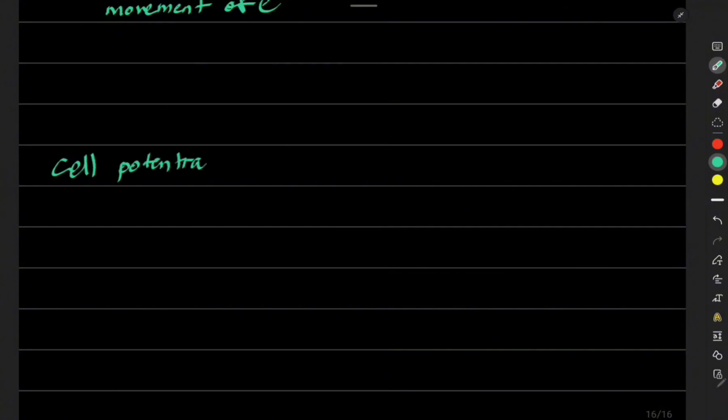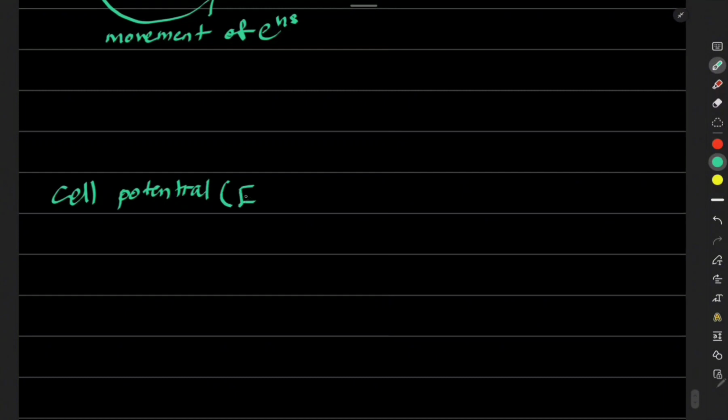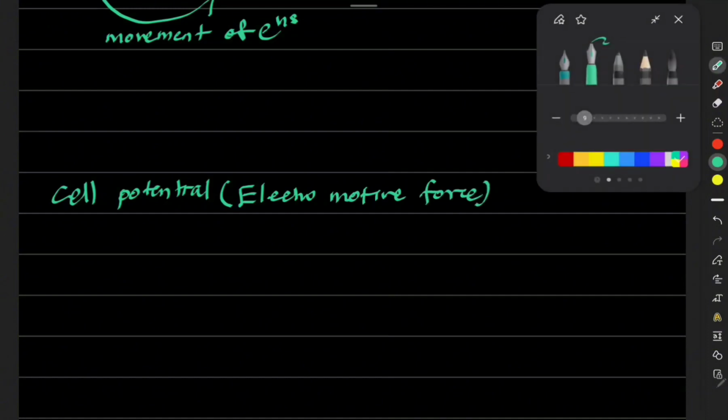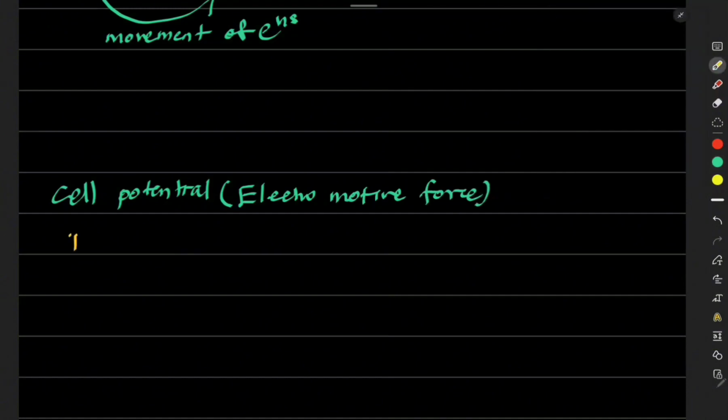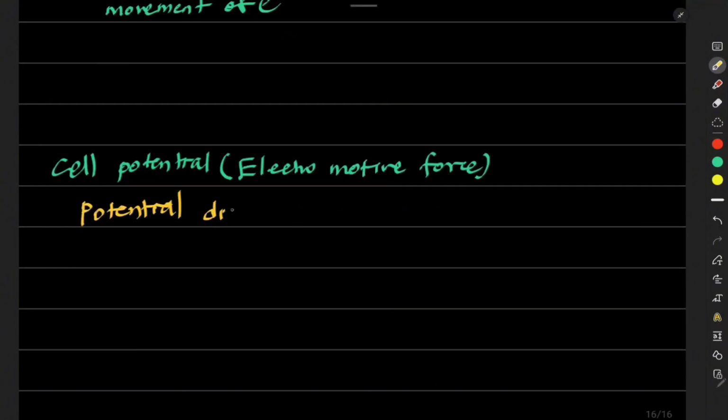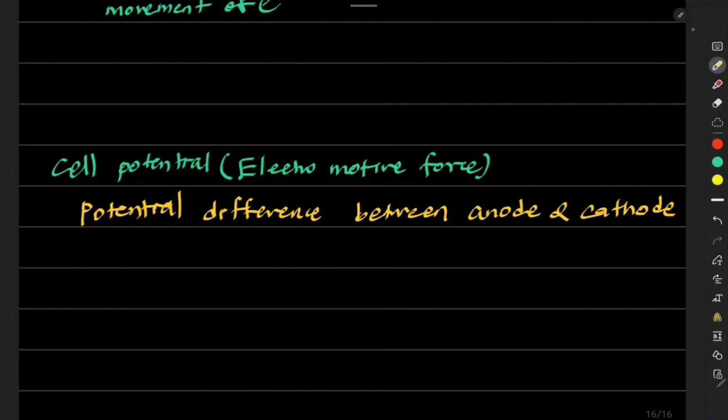Cell potential, electromotive force: it is the potential difference between anode and cathode.